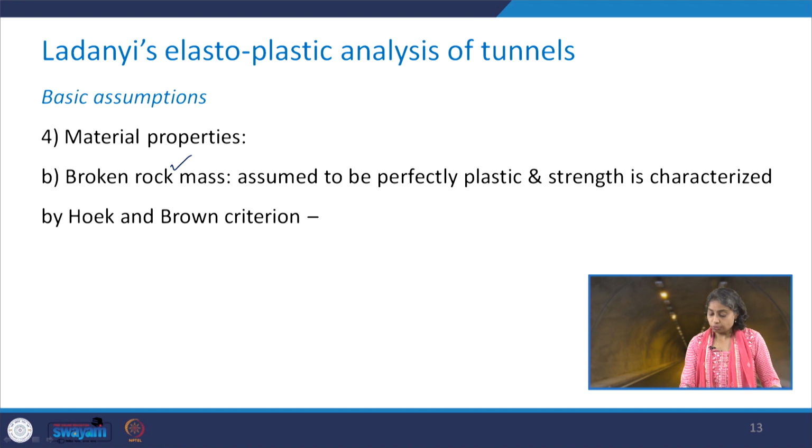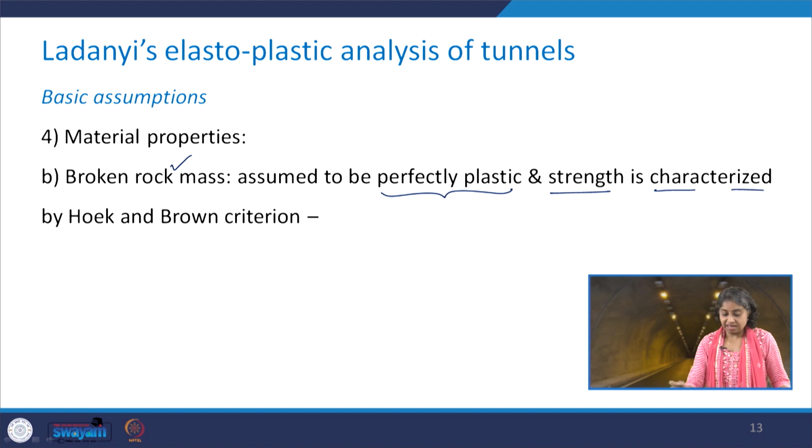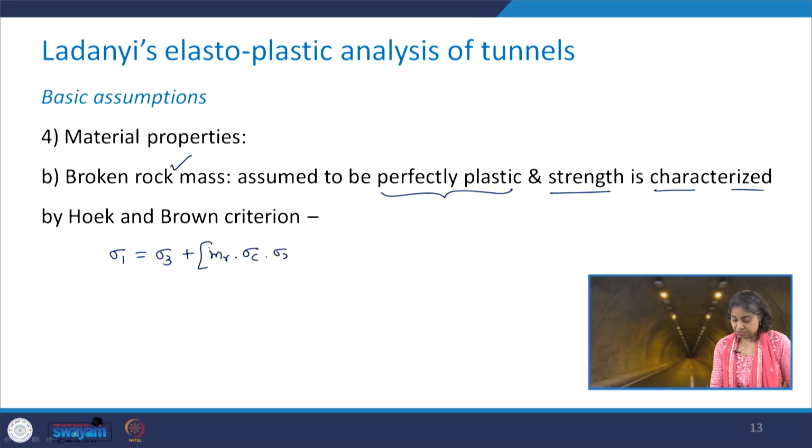This is assumed to be perfectly plastic, and its strength is characterized again by the Hoek and Brown criterion, which is given as sigma 1 equal to sigma 3 plus the square root of mr into sigma c into sigma 3 plus sr into sigma c square.